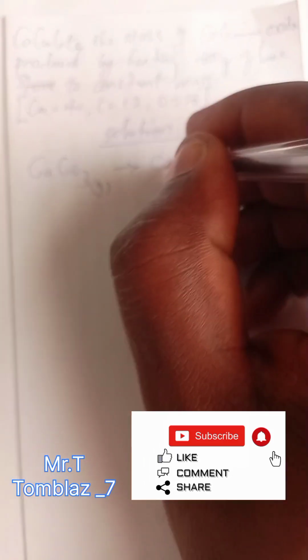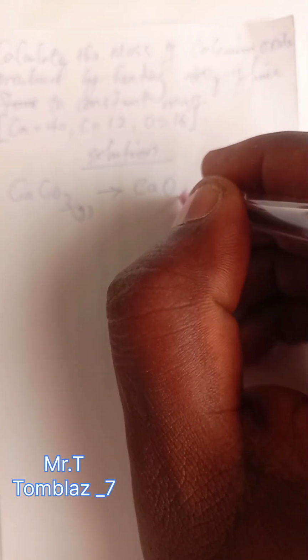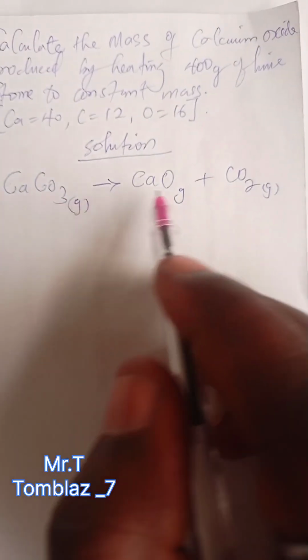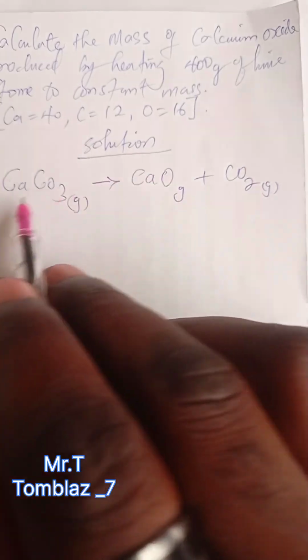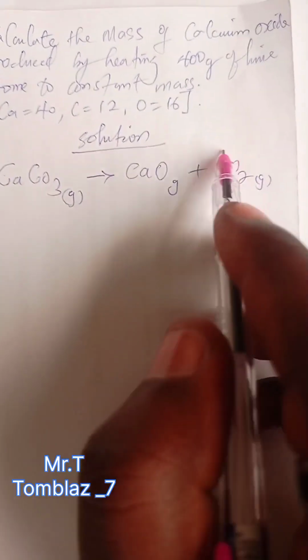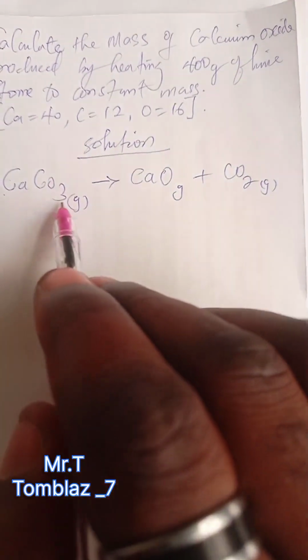When you heat it, you produce calcium oxide, a solid, plus carbon dioxide, a gas. So let's check if our equation is balanced. We have one calcium and one here, one carbon and one here, one oxygen with 2 here makes three oxygen here, so it's balanced, right?